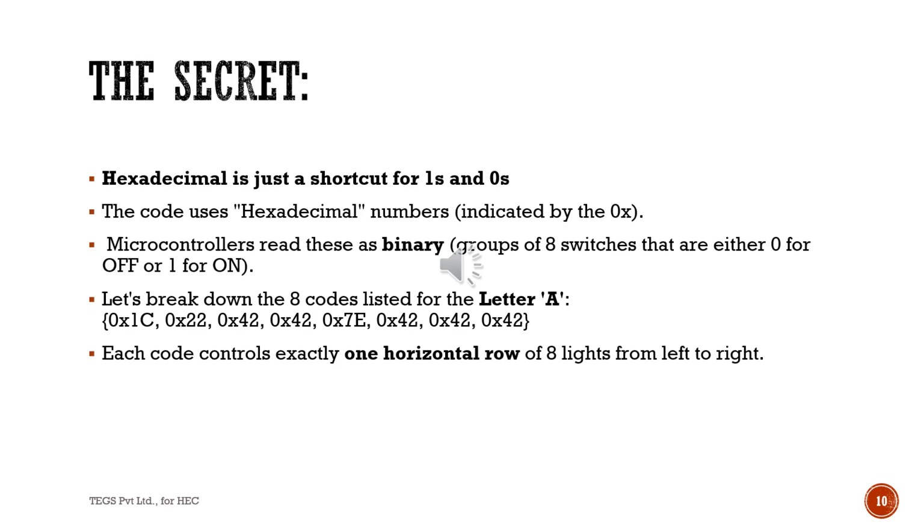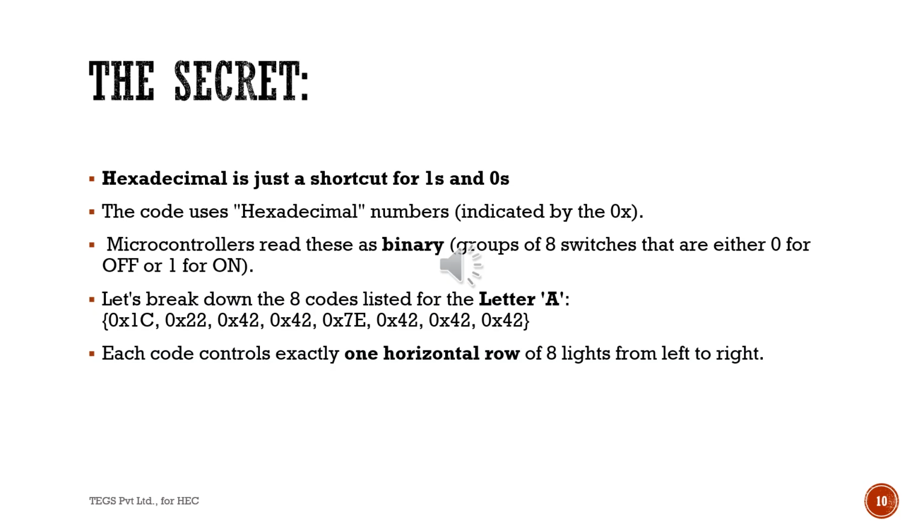The secret: hexadecimal is just a shortcut for zeros and ones. The code uses hexadecimal numbers indicated by 0x. The microcontroller reads this as a binary group of 8 switches that are either 0 for off or 1 for on.